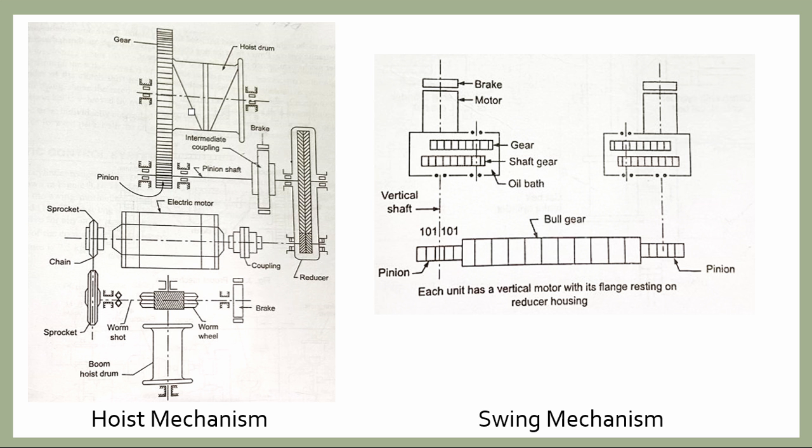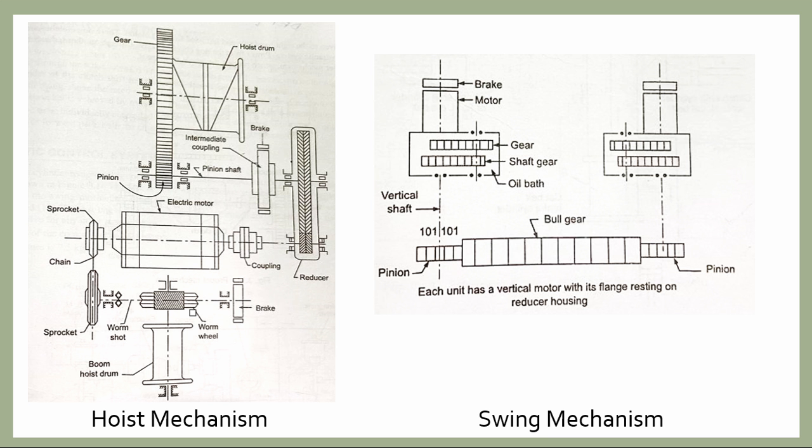And the other end of the motor shaft is connected to a worm wheel through a chain sprocket system. The boom hoist drum is then mounted on the output shaft of the worm wheel combination, and thus the boom hoist drum is also rotated.